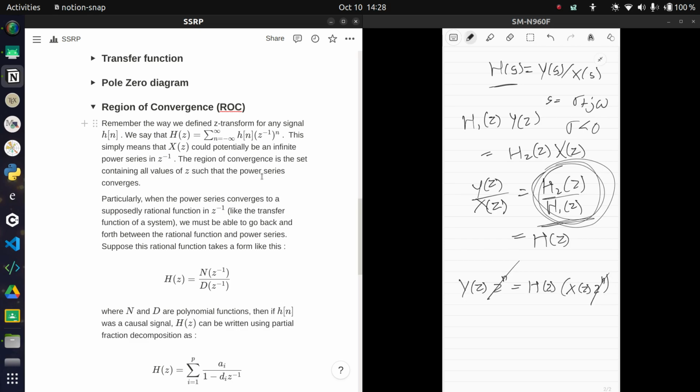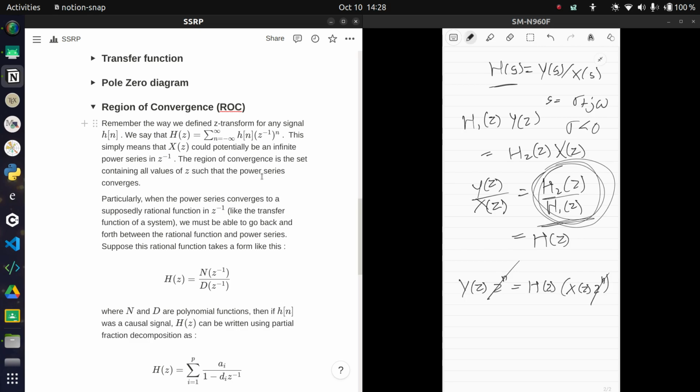So this simply means that X(z) could potentially be an infinite power series in z inverse. The region of convergence is the set of all z such that this power series actually converges to a value, rather than oscillating back and forth or going to infinity.